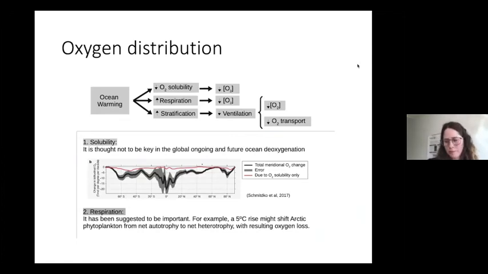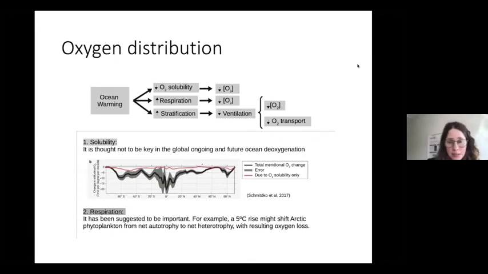And now we can talk about a scenario in ocean warming. What changed, what influenced this oxygen inventory? Well, this is just a very quick overview. In general, the solubility will decrease, which will also make the oxygen concentration decrease.